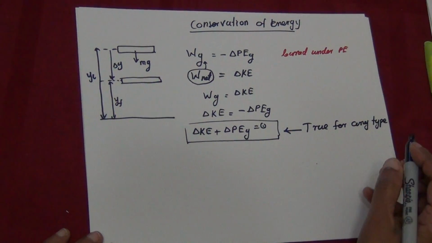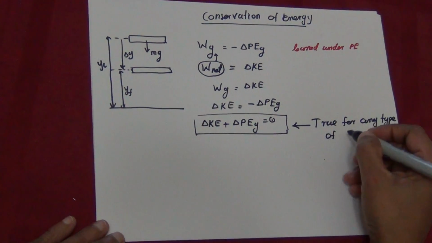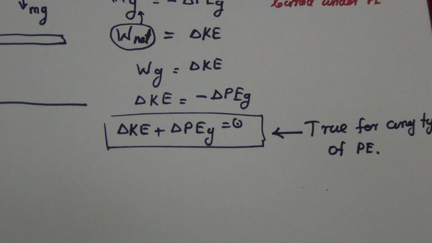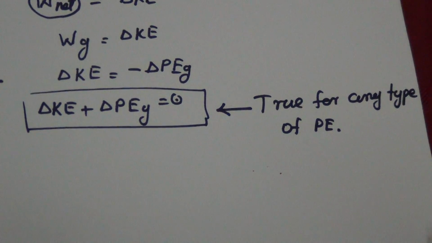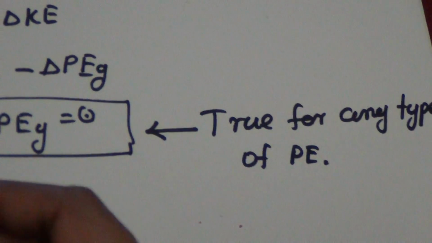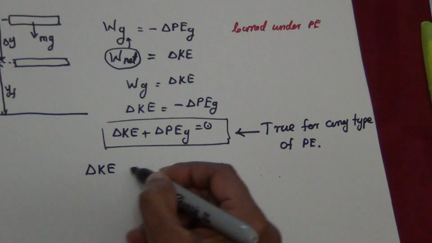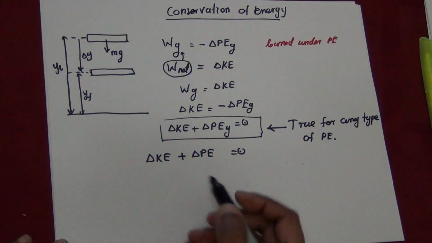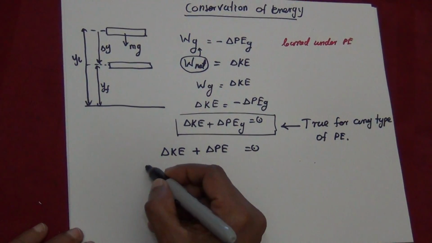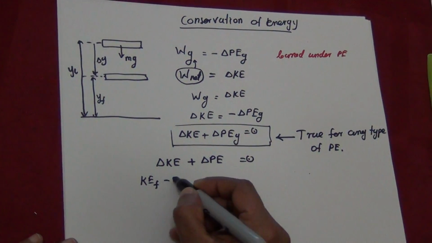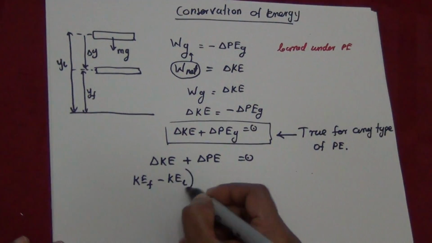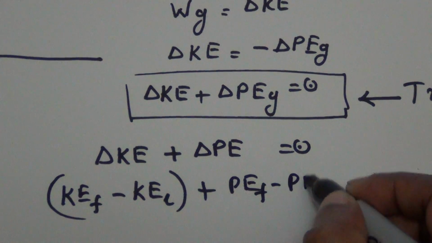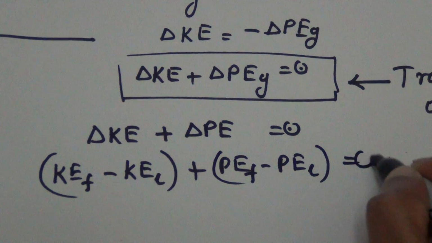Another potential energy you learned is the spring potential energy. So it is true for either spring or gravitational potential energy. I will rewrite it as a general equation: delta KE plus delta PE equals 0. Delta means change, so I can rewrite that as kinetic energy final minus kinetic energy initial plus potential energy final minus potential energy initial, which is 0.